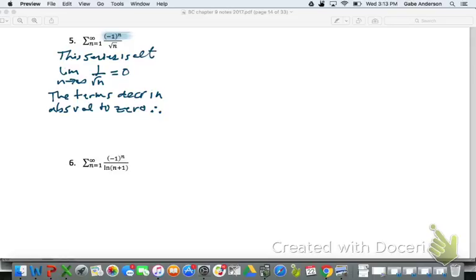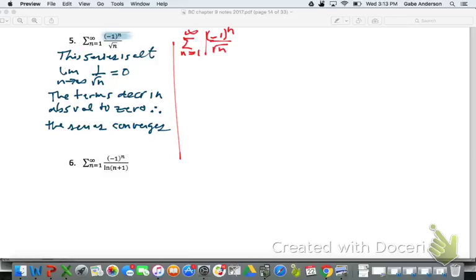Therefore, what's our conclusion about this alternating series? Converges, yes. Therefore, the series converges. But then the question posed at the start was, if it's converging, what if we take away all the sign changes? Then what happens? It would look like this: sigma from n equals 1 to infinity of the absolute value of negative 1 to the n over root n, which is effectively sigma from 1 to infinity of 1 over root n.